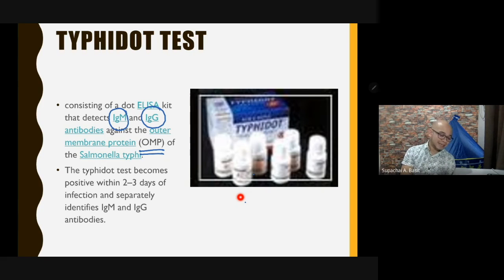Typhidot becomes positive within 2 to 3 days of infection and separately identifies IgM and IgG antibodies. So again, Widal is not as popular as Typhidot nowadays.